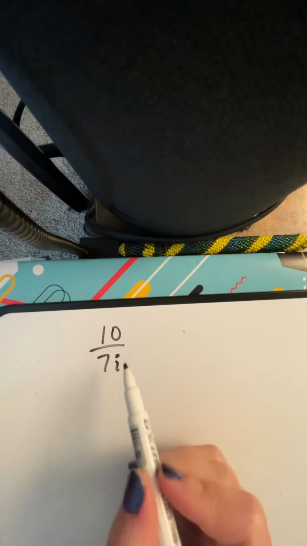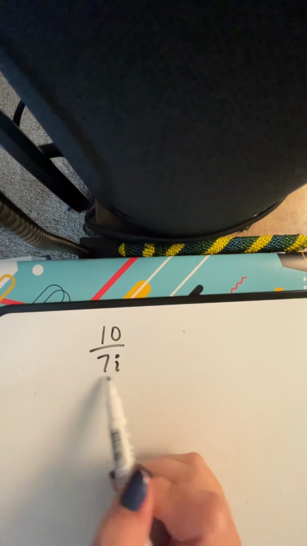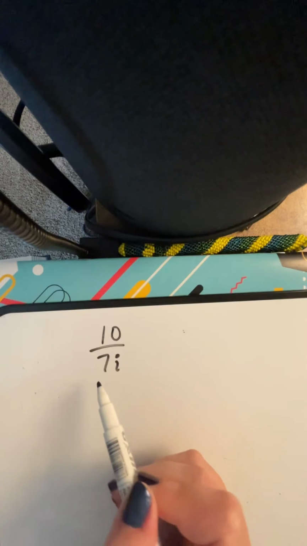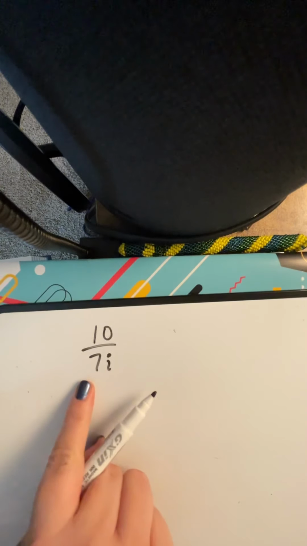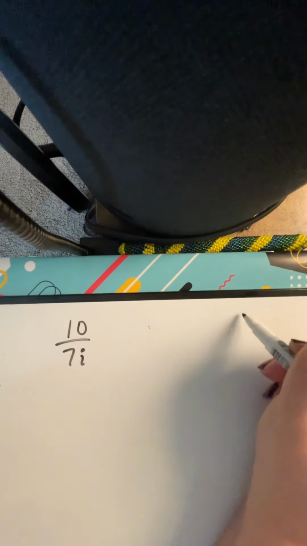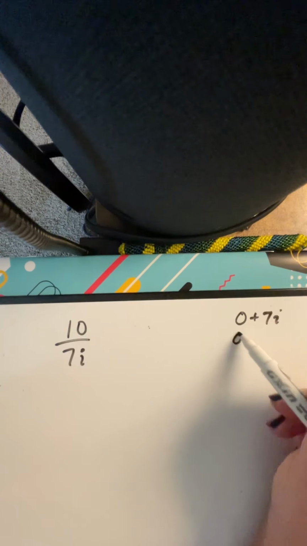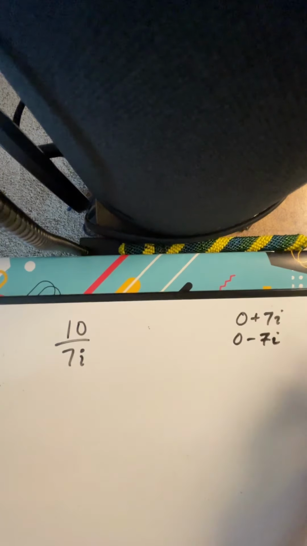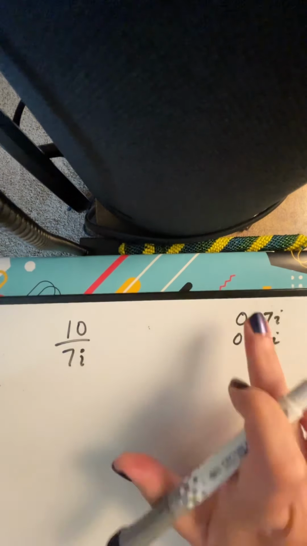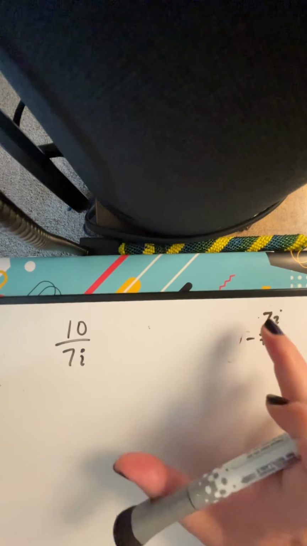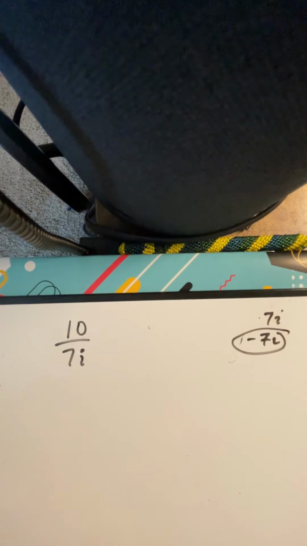So we have an imaginary number in the denominator. This number still has a complex conjugate, because you could think of it as 0 plus 7i. So its complex conjugate would be 0 minus 7i. So the complex conjugate of 7i would just be negative 7i.